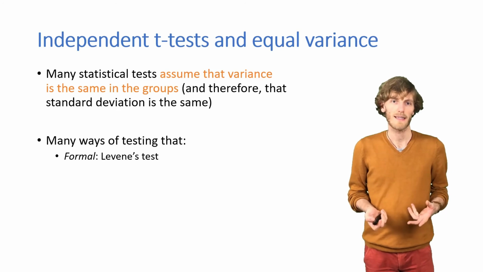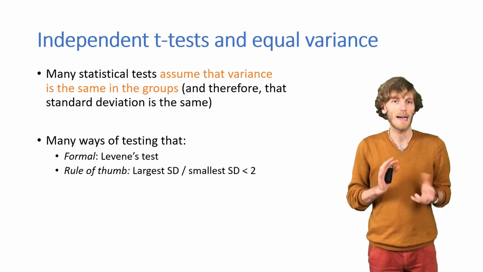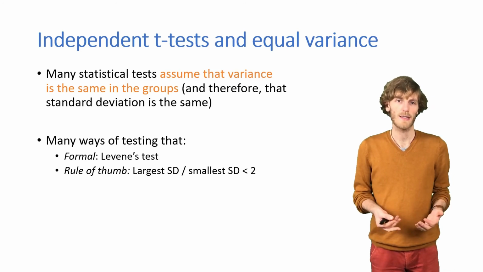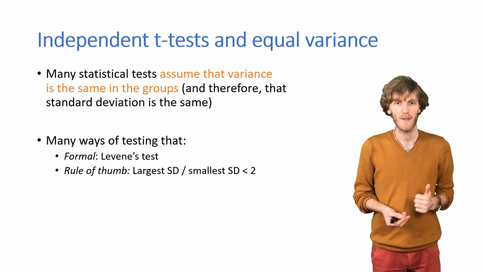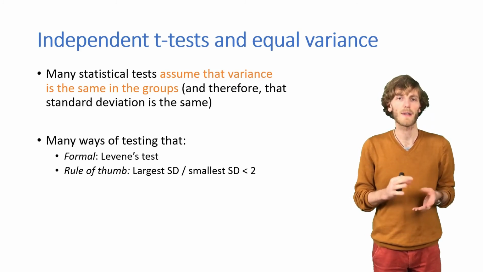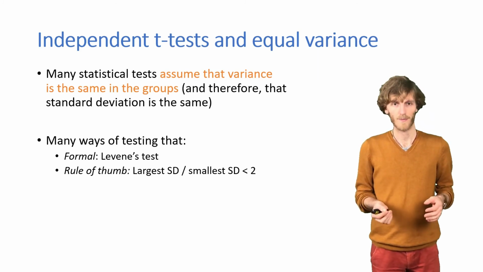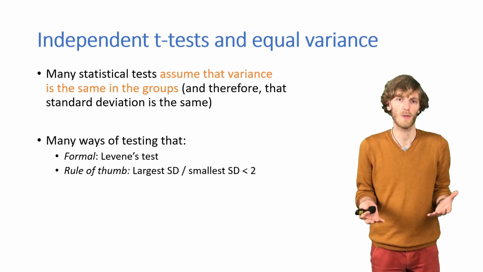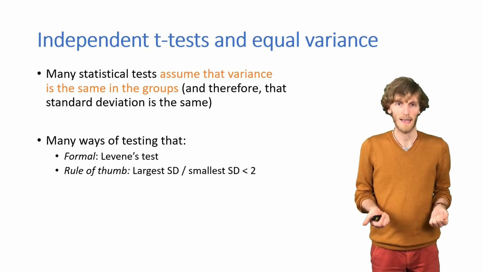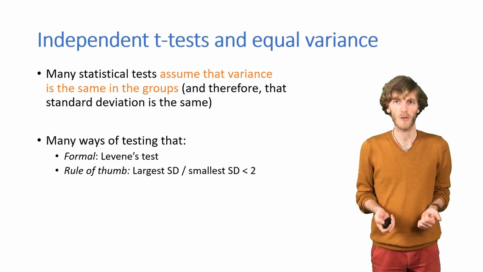More relevant for us are some rules of thumb. So what we would generally do is we would try to see, is the largest standard deviation divided by the smallest standard deviation less than 2? In a t-test we obviously only have 2 groups, so one standard deviation divided by the other. Do we get a number smaller than 2?